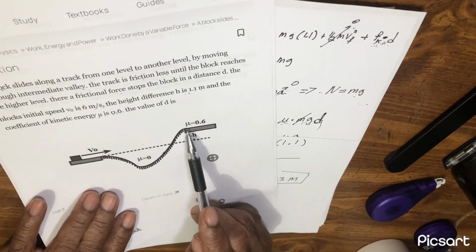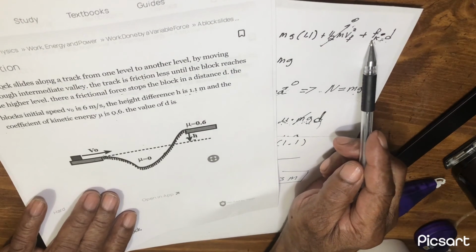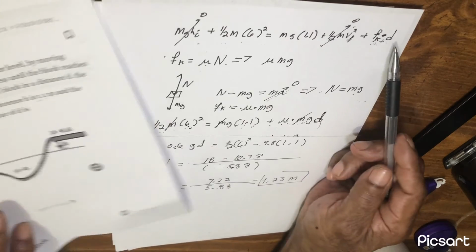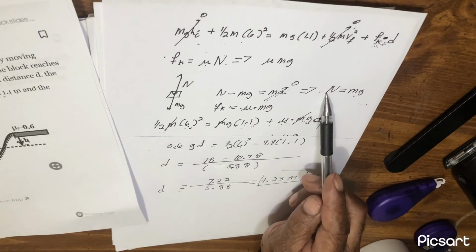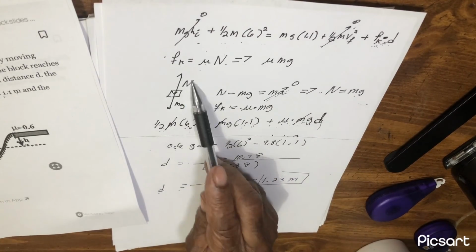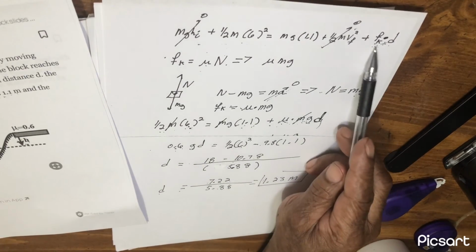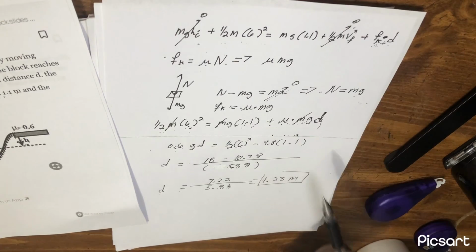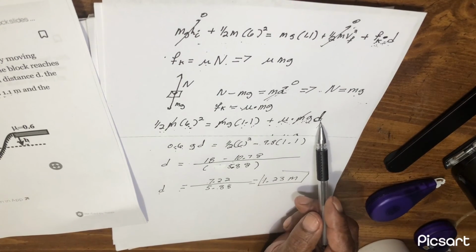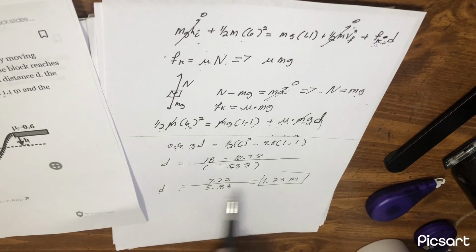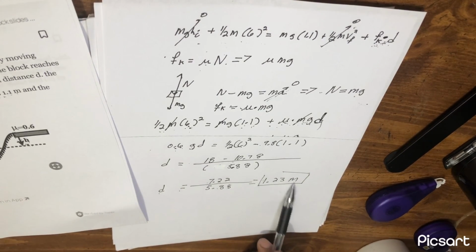So we just set that equal to this non-conservative force times d. We solve for the normal force, and we know that mu times mg is equal to Fk. We plugged it in, and then we just solved for d, and we got d equals 1.23 meters. That's it for this problem.